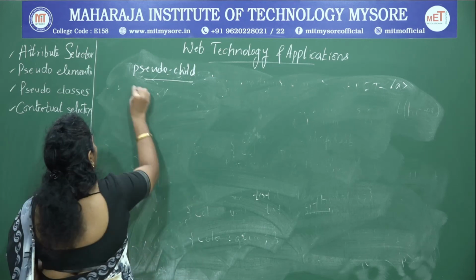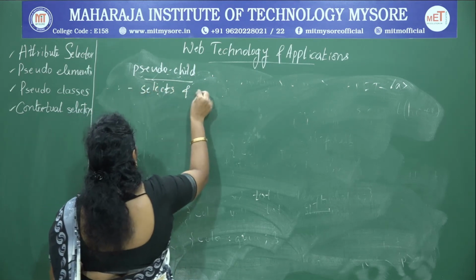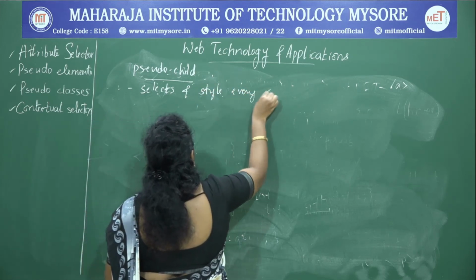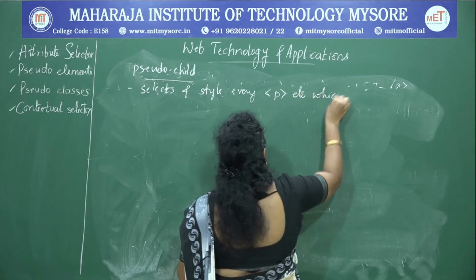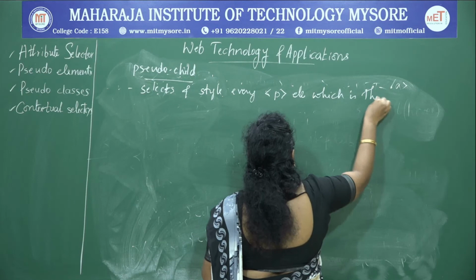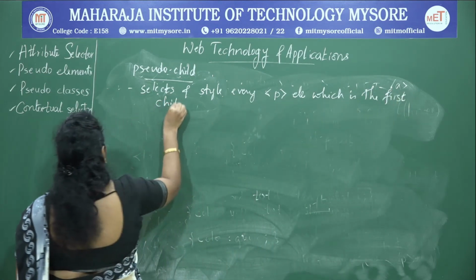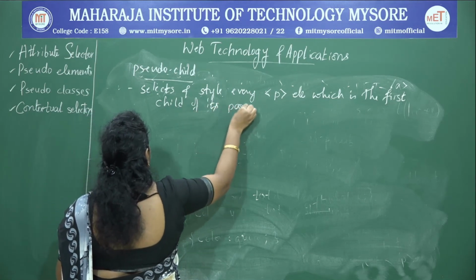I will write here: selects and styles every P element which is the first child of its parent.